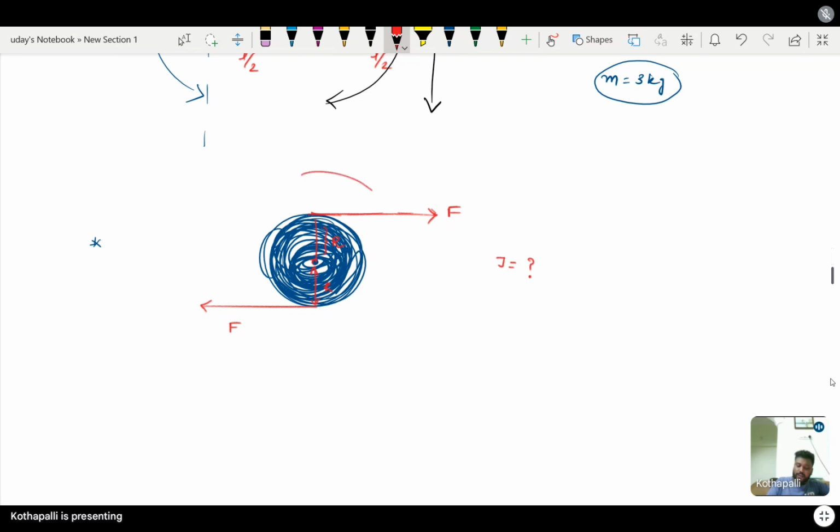This force will produce torque in clockwise or anti-clockwise? Clockwise. So both torques are getting added or subtracted? Added, because both are acting in the same direction. So net torque will be F into R, force into perpendicular distance, plus F into R. So what is the net torque?